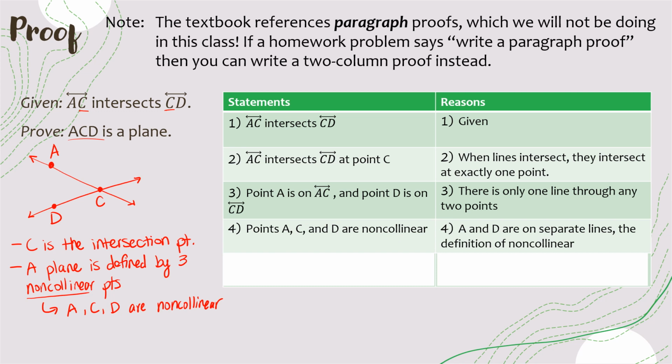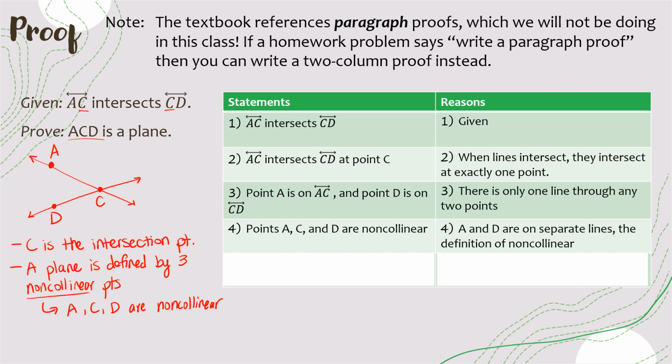For my reason, I'm not exactly using a postulate. I'm not exactly stating a definition, but I am referencing a definition. I'm saying A and D are on separate lines, comma, the definition of non-collinear. Non-collinear means points not all on the same line.